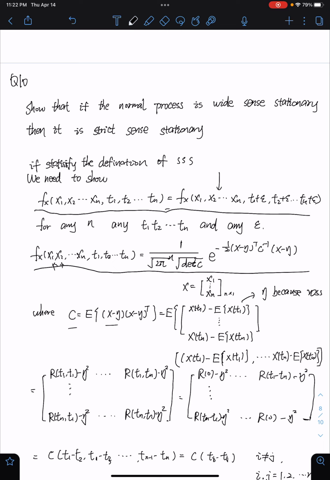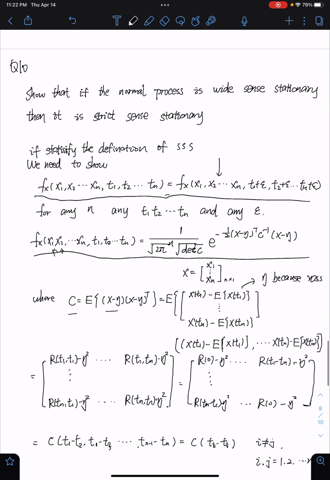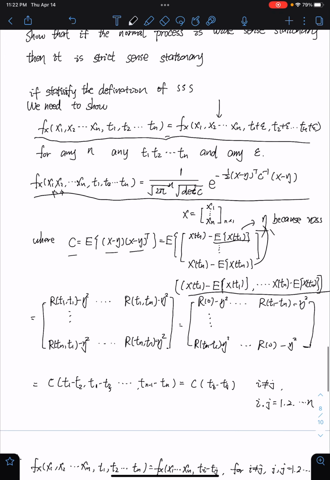Since the normal process is wide-sense stationary, the expectation of x1 equals eta, and for every x the expectation also equals eta, and we can write the transpose of x minus eta like this. So we multiply the two matrices and get the autocorrelation matrix, which is like this.